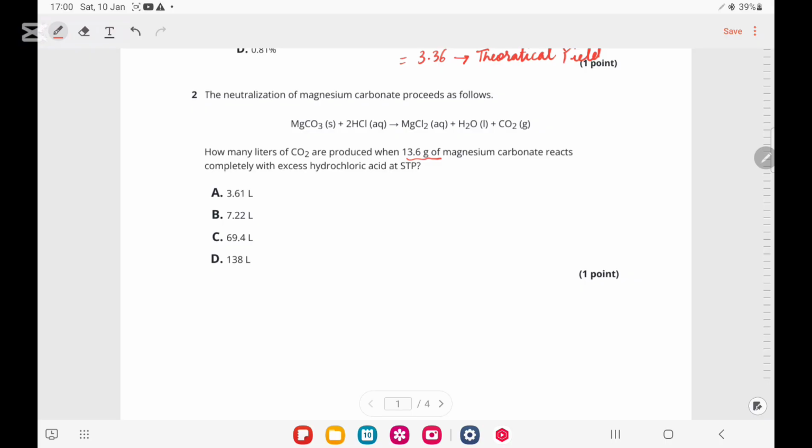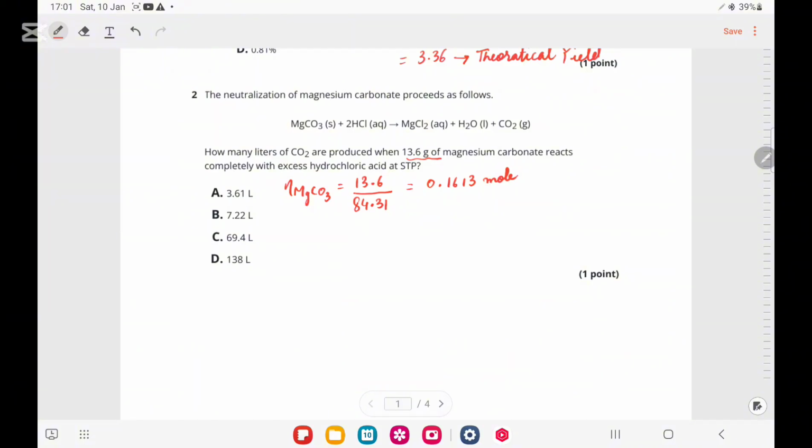In this question, first we are going to find the moles of magnesium carbonate. That is mass divided by molar mass, and the molar mass for magnesium carbonate is 84.31. So moles comes out to be 0.1613 mole.